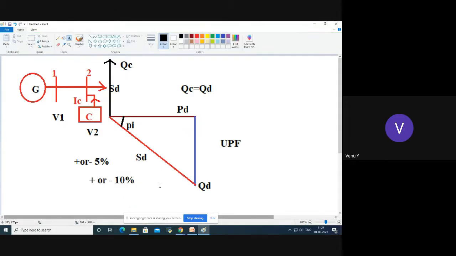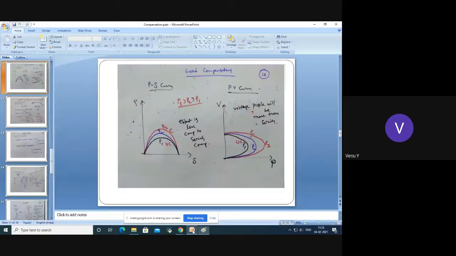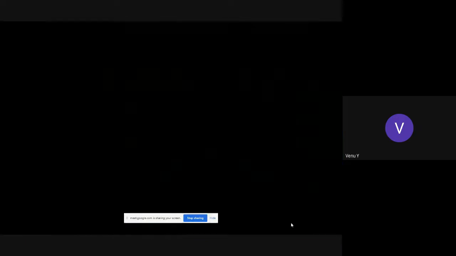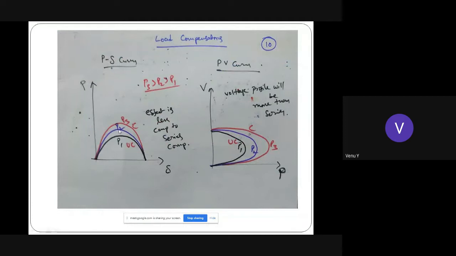Therefore the V2 variation may be 10%. Therefore the power improvement in the power angle, the power variation may be maximum 10%. Second one is 5%, third one is 10%. Therefore, the steady state stability limit can be improved up to that percentage, and the maximum allowable loading can be improved up to that percentage.